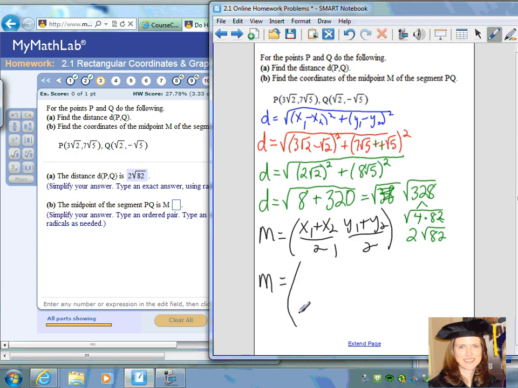The first x value is 3 square root of 2 plus the other x value, square root of 2, divided by 2. Add up the y values, 7 square root of 5 plus a negative square root of 5, all divided by 2.